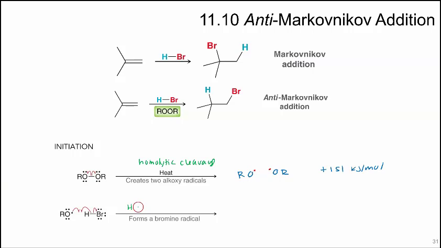We're then going to get a hydrogen abstraction. New bond, new radical. So this is a fairly low activation energy, and so this is why this bromine can form the radical.